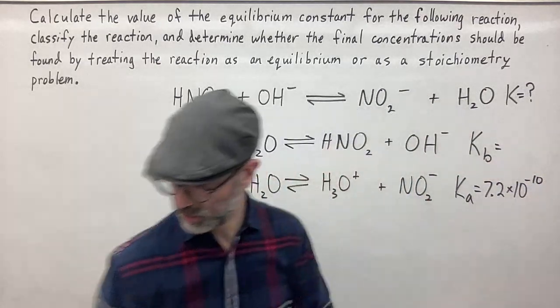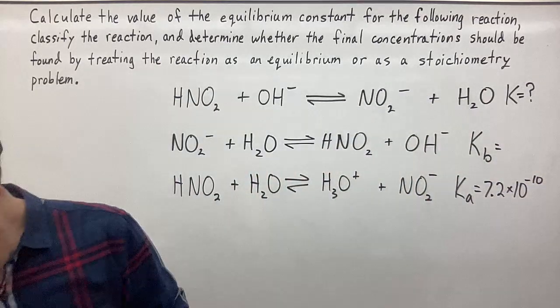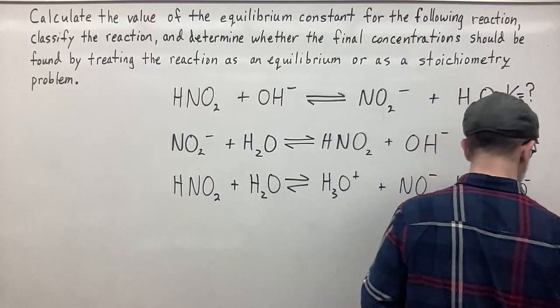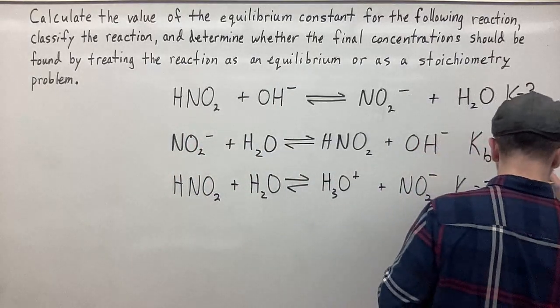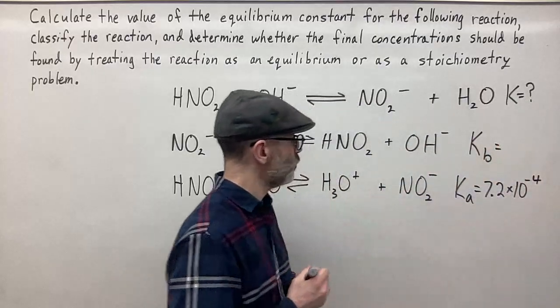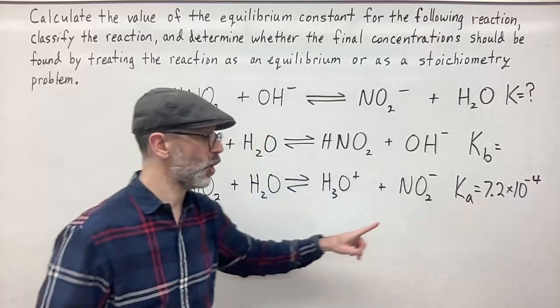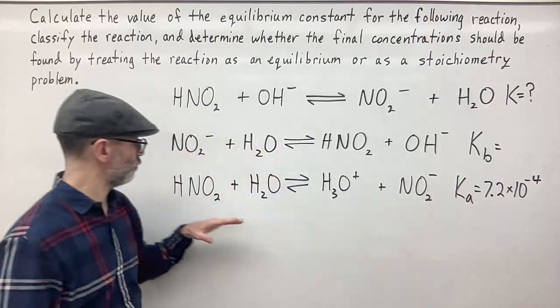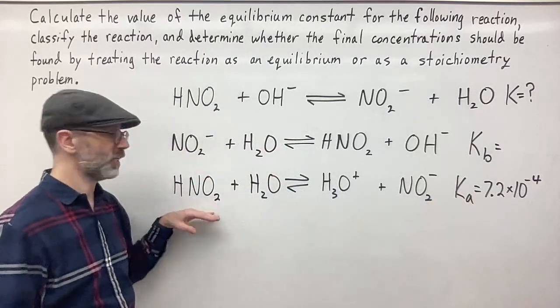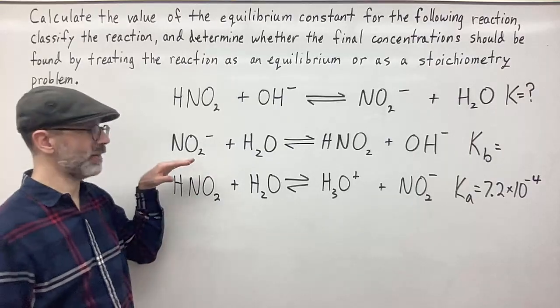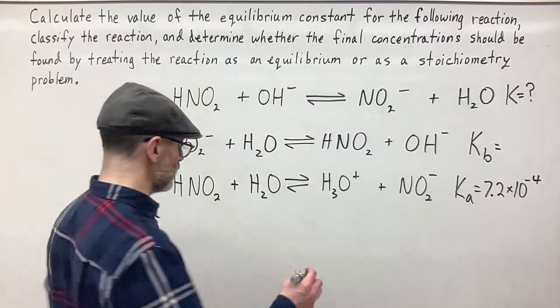Let me just double check that. That's 10 to the negative 4, not negative 10, sorry. So 7.2 times 10 to the negative 4. Okay, since I can look this up in a table and I know that this is the Ka value of the conjugate acid for this weak base, then I can find the Kb value by this equation.